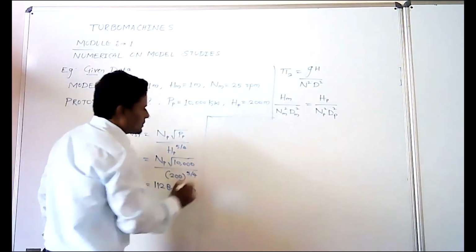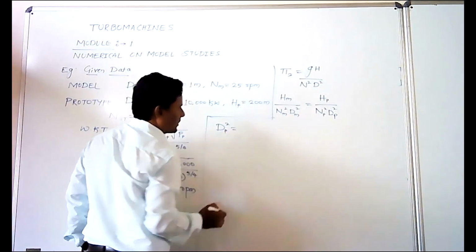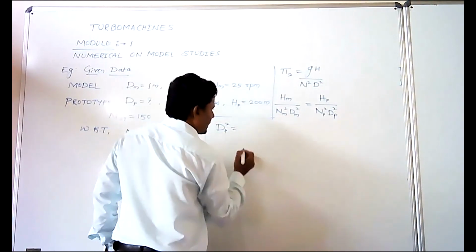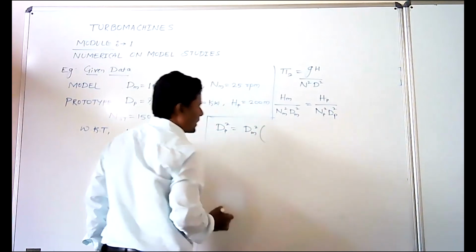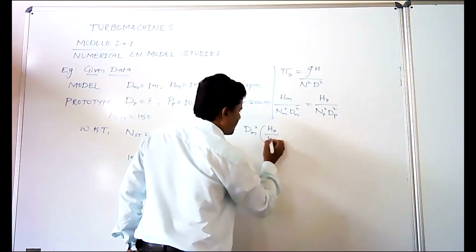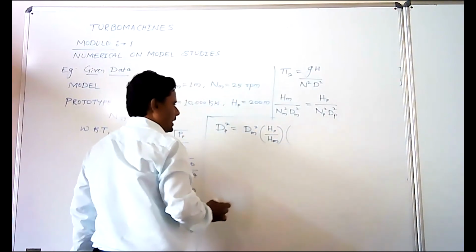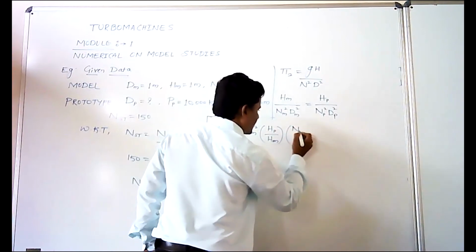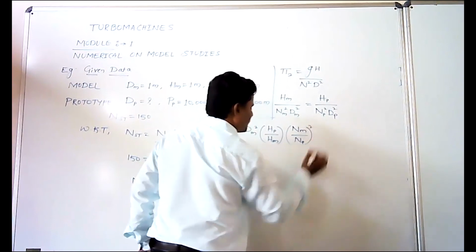So Dp square equals Dm square into Hp by Hm into Nm by Np whole square.